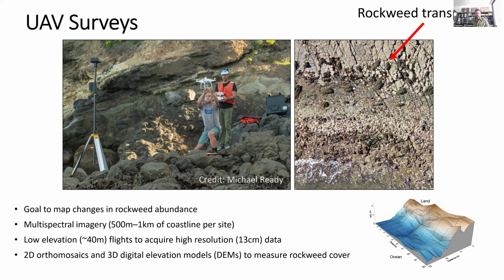You can make out some of the rockweed transplants in the image on the right. There are these brown clumps, which I found pretty surprising. I think that's a really useful tool, and we're slowly integrating UAVs into our long-term monitoring program, because they're just so useful.